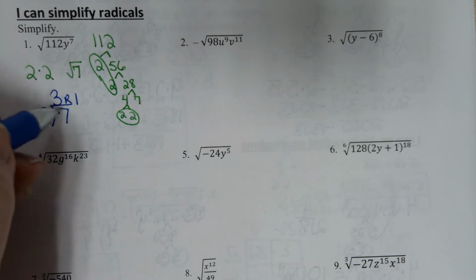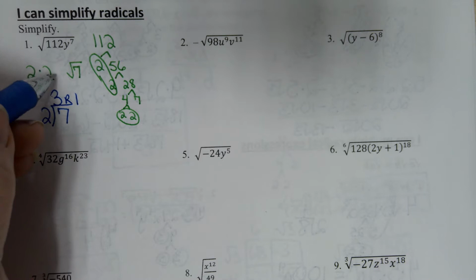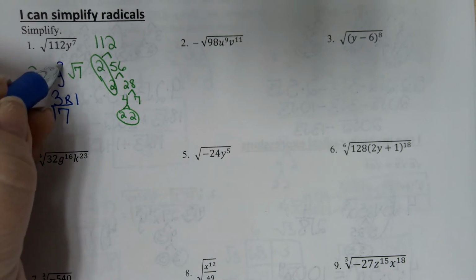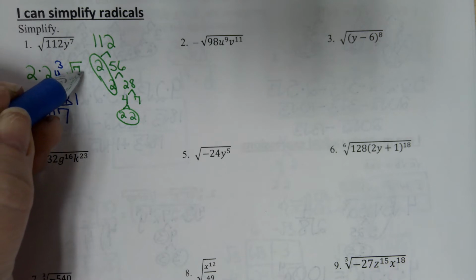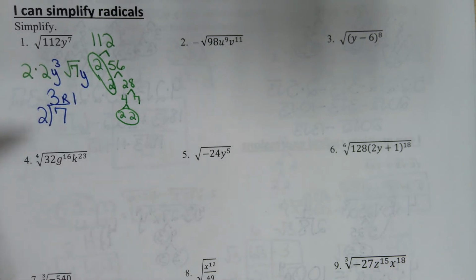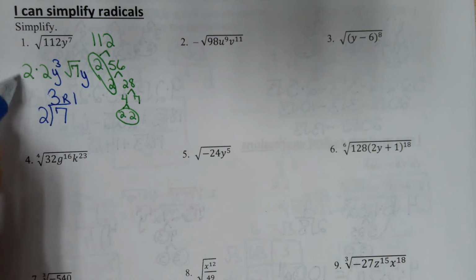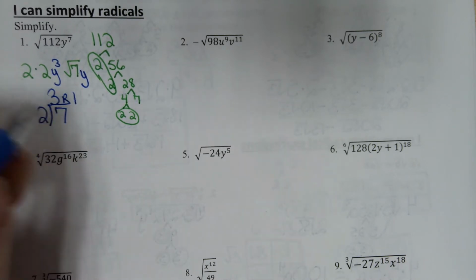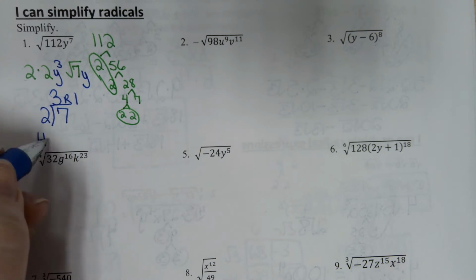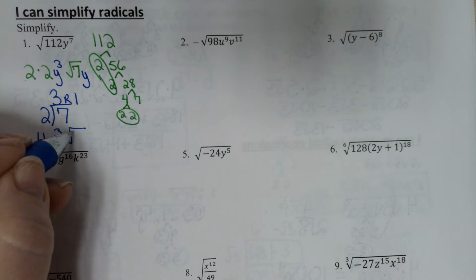Now the 3 indicates how many groups of y got to come out. Y to the 3rd came out. And the remainder is how many remain inside the radical. Y to the 1st remains inside. So there's our answer right across the top, right after we multiply that 2 times 2.